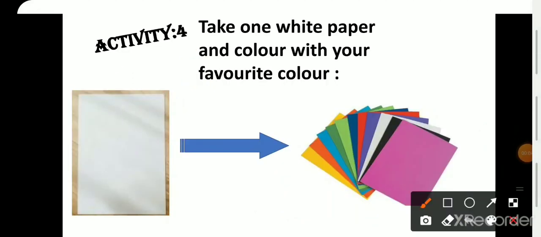Now activity 4. In this activity you have to take one white paper and color it with your favorite color. So what will you observe over here? Yes, the color of the paper has been changed.